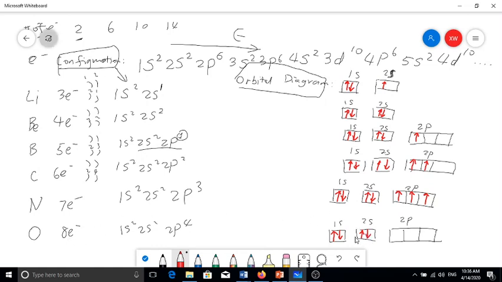Oxygen has 8 electrons, that's 4 in 2p4. 2p1, 2, 3. Now all 3 orbitals are occupied equally, so when the 2p4 electron comes in, it has to pair with one of these 3 single electrons. It doesn't matter which one, with opposite spinning. So this is 2p4, and you can see it still has 2 vacancies here.